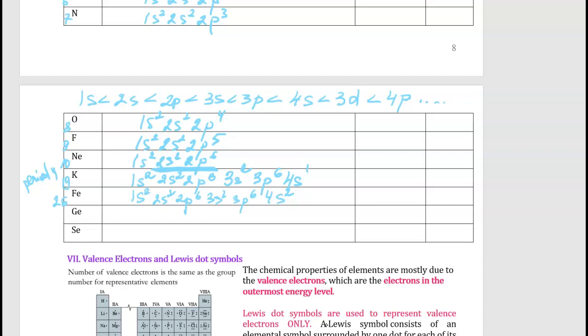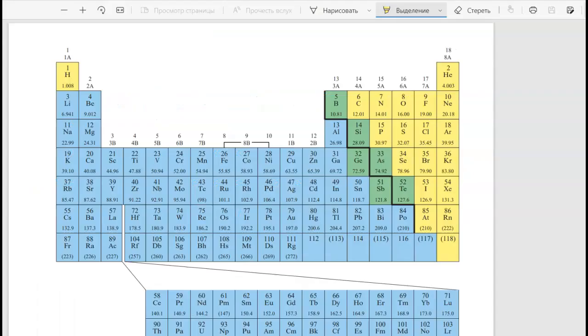So yes, it's filled, right? And then after, electrons go to the 3d subshell. So 3d, and how many electrons are left? We can calculate. We already have 20. If I add all subscripts, I get 20 electrons. That means that on the 3d subshell, there will be 6 electrons. Can you see?